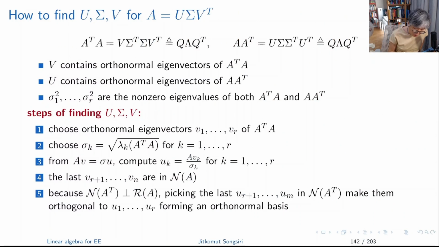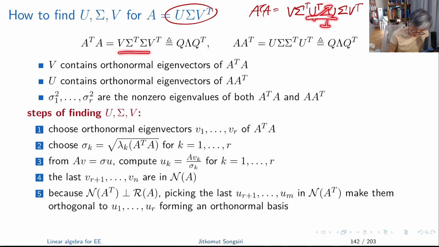So let's calculate A transpose A. We're going to take the assumption that such a decomposition exists. A transpose A would be, transposing this, V sigma transpose U transpose times A, and then we get this matrix because U transpose U is identity.